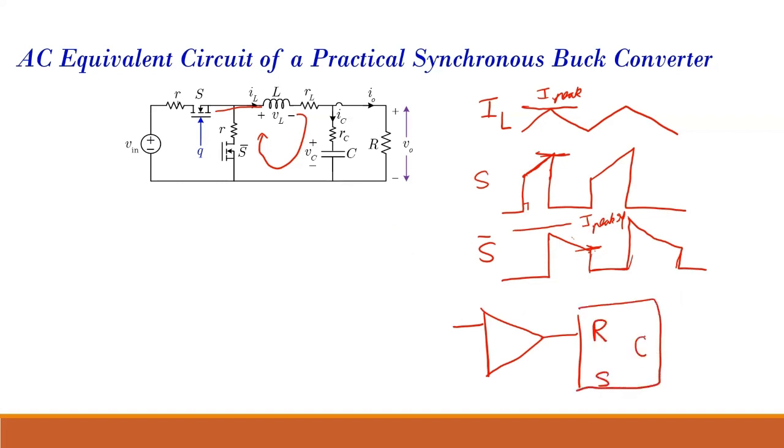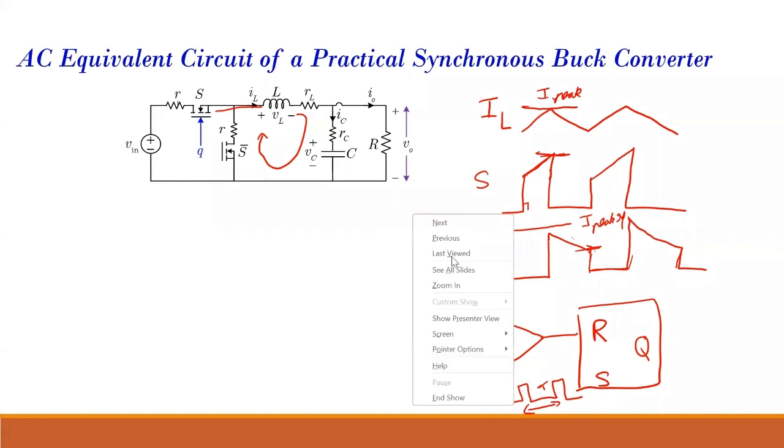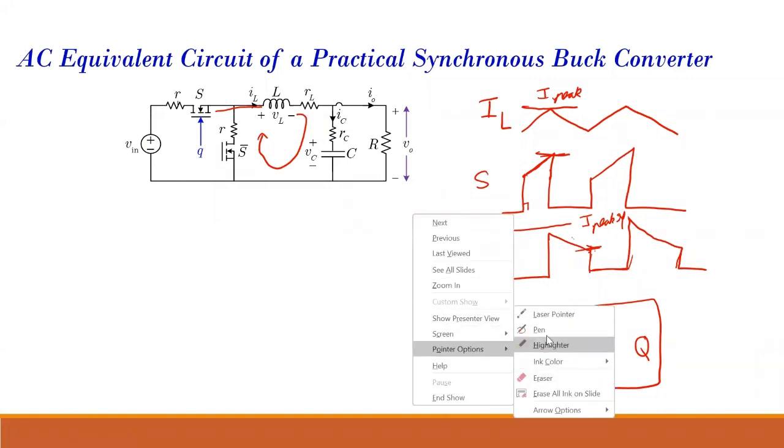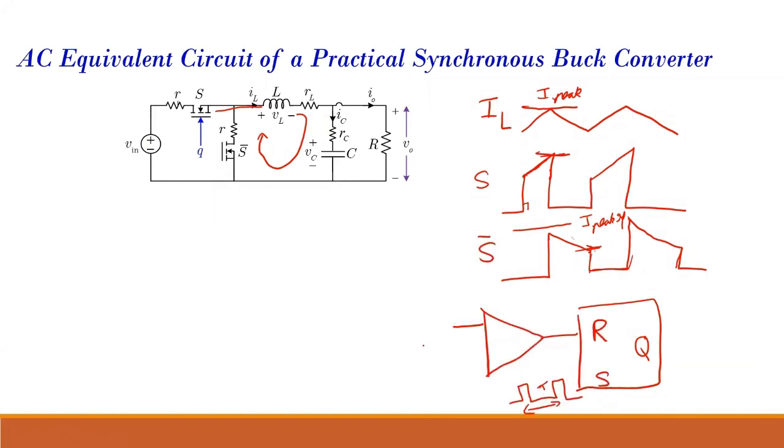My set comes periodically after a time period of T. And this is my inductor current, and this is my peak reference current.